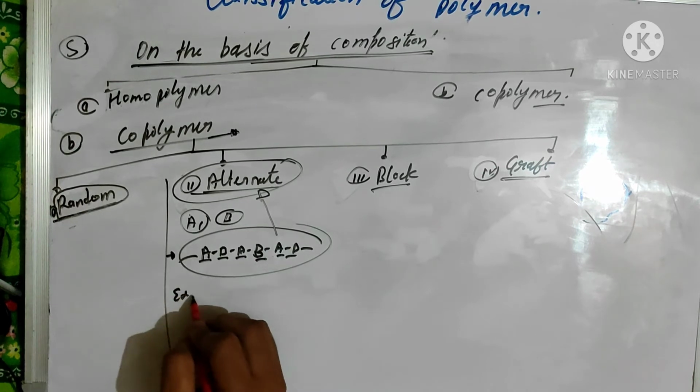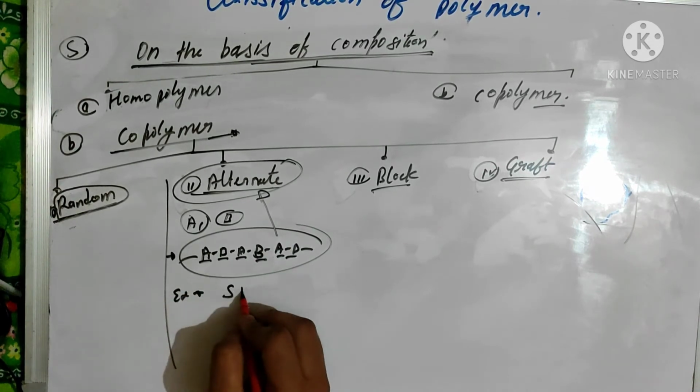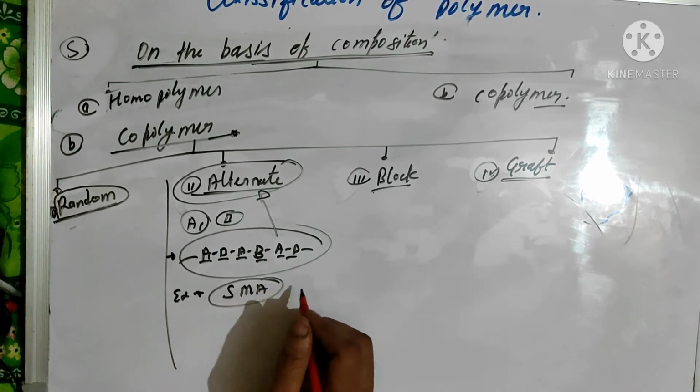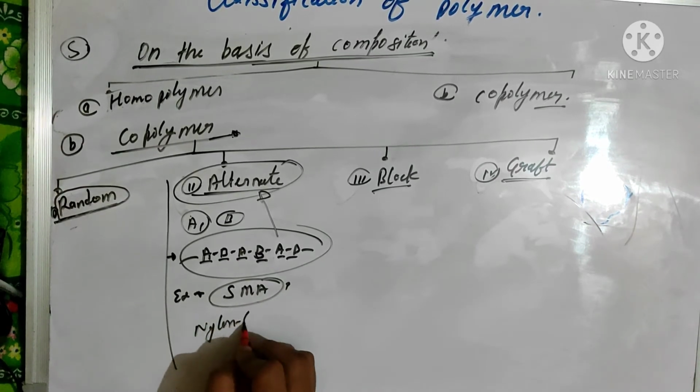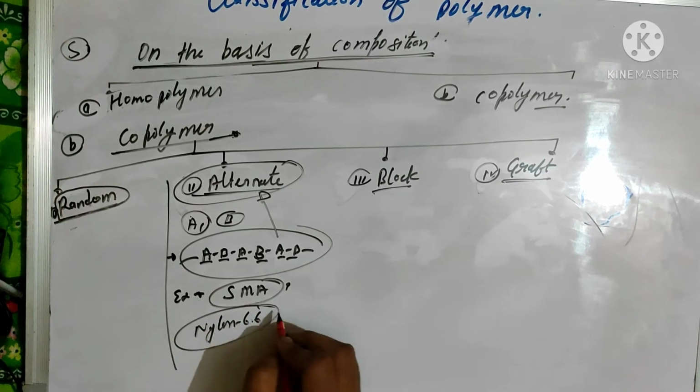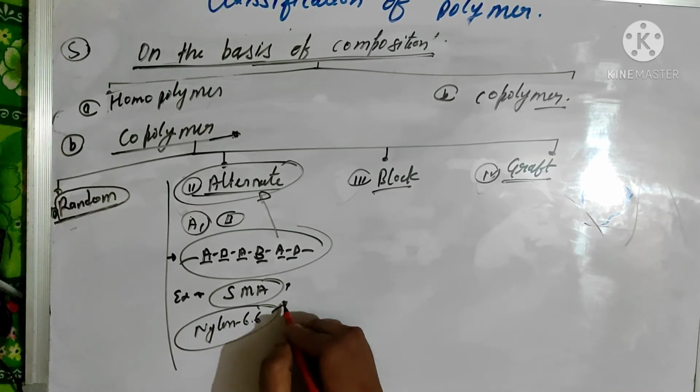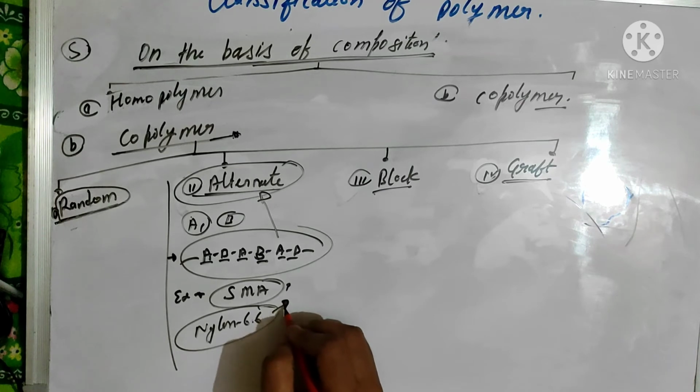Some examples of the alternate copolymer are styrene maleic anhydride, nylon 6,6. Nylon 6,6 also comes under the copolymer, in which two types of monomer are used.